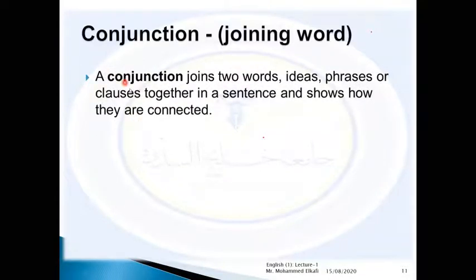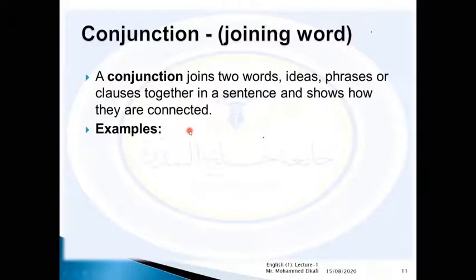This is the definition: a conjunction joins or connects or links two words or ideas, phrases or clauses together in a sentence and shows how they are connected.